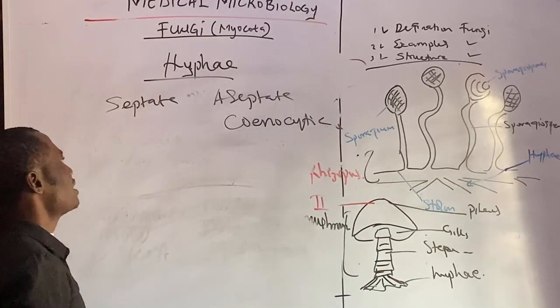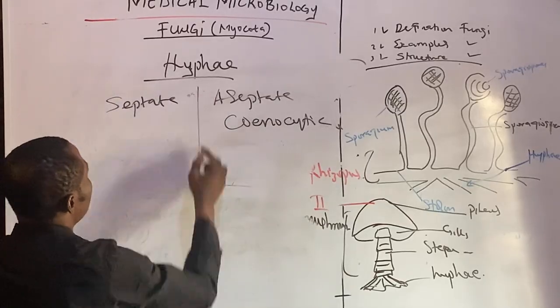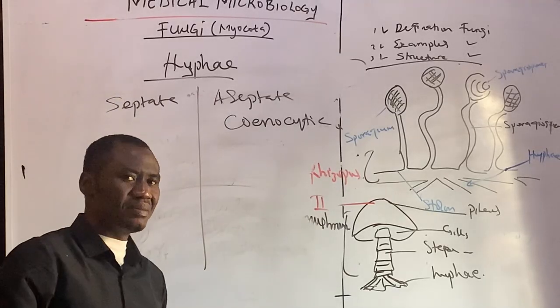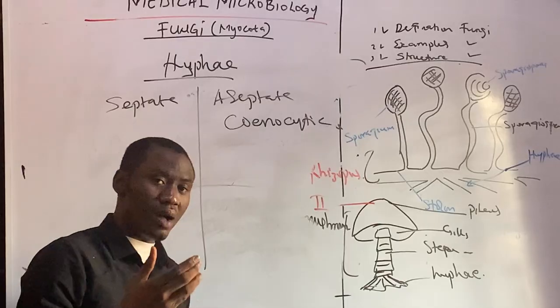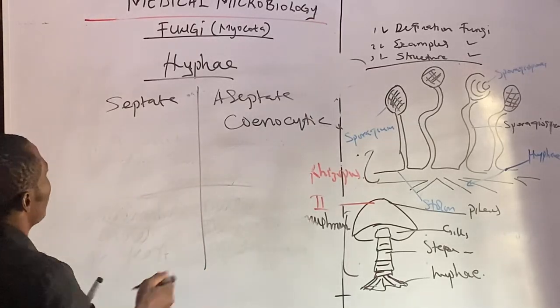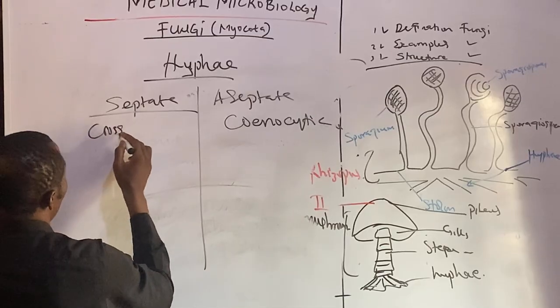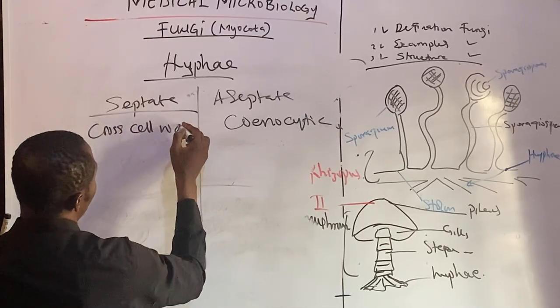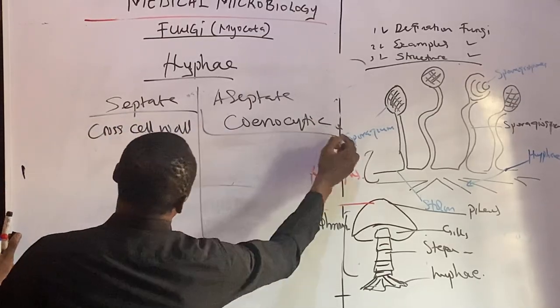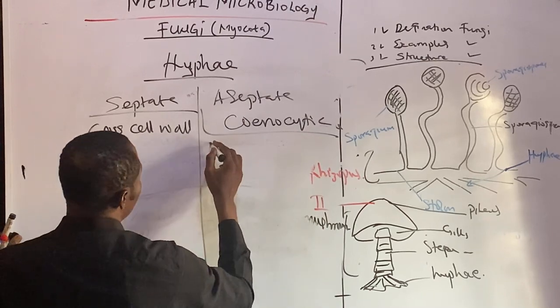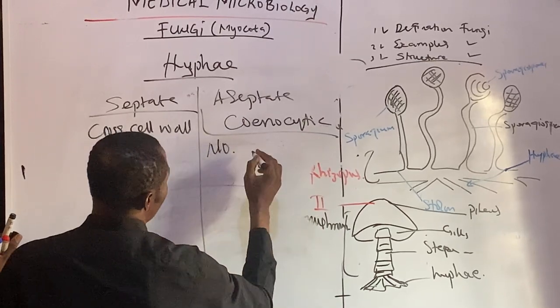All right. Now, the difference between the septate and the aseptate or coenocytic fungi is that this one over here has a cross cell wall. It has a cross cell wall. This one over here has no cross cell wall.